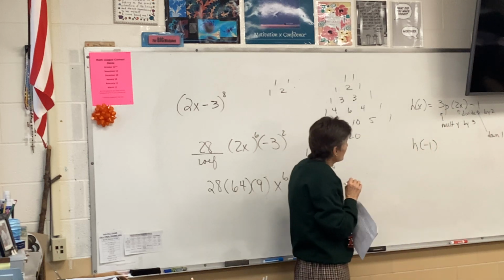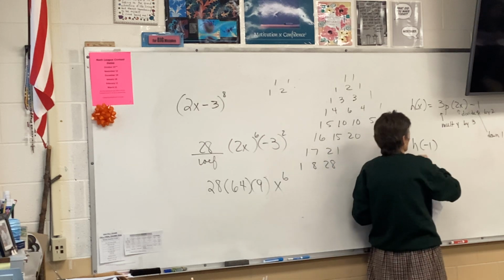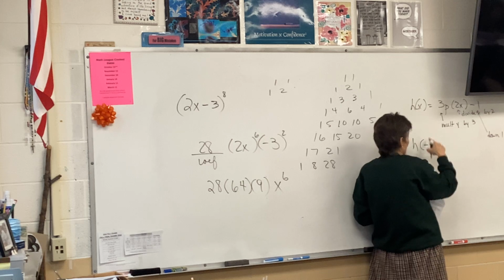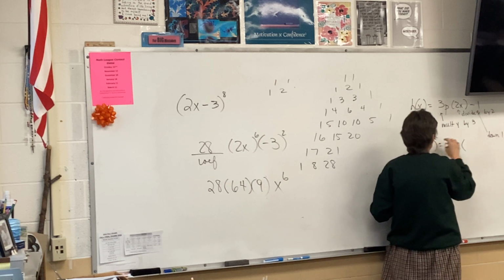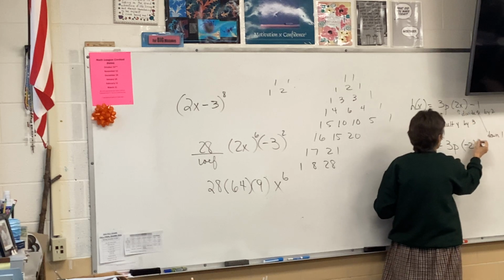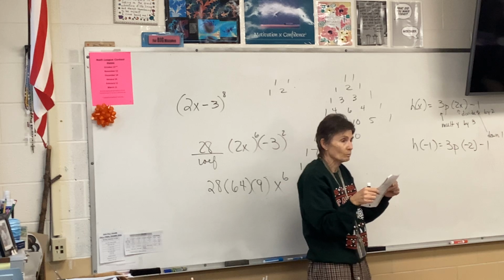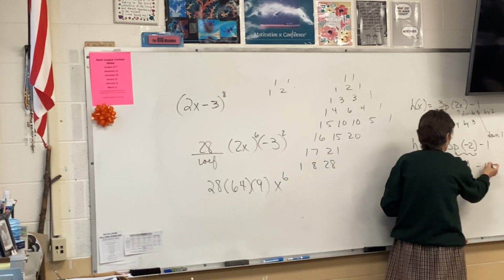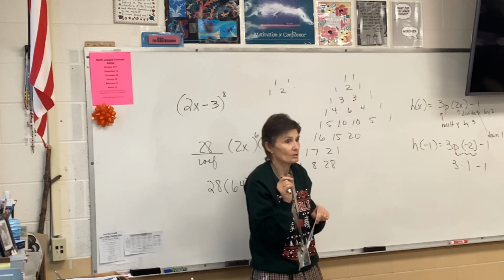Now I want h of negative 1, so actually I don't even need to worry about all that. That means negative 1 is x, right? So this is going to be 3p of negative 2 minus 1. So what's p of negative 2? 1. So 3 times 1 minus 1 is 2. The answer should be 2.